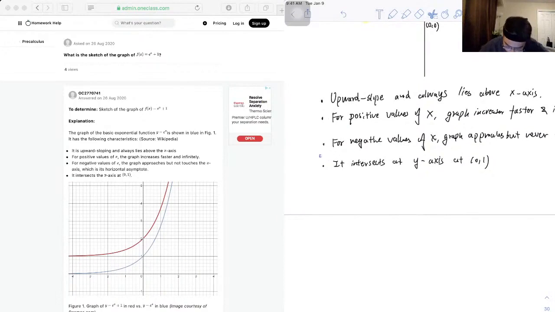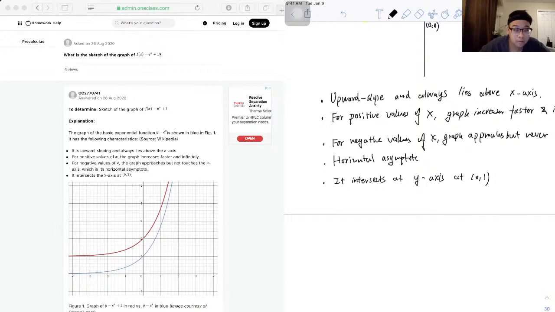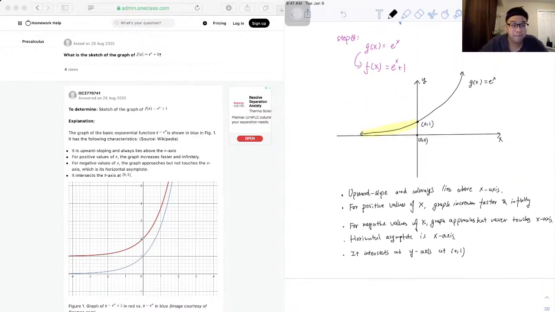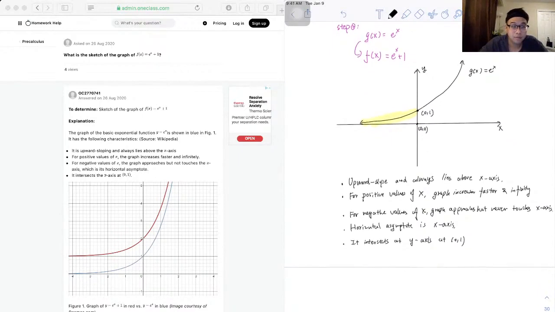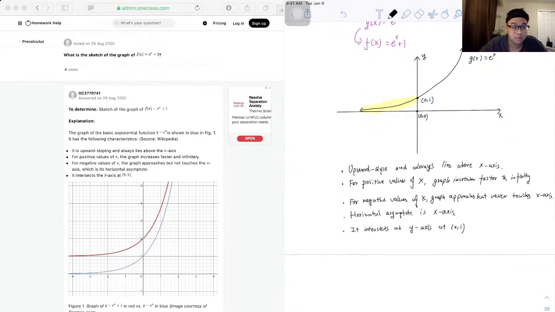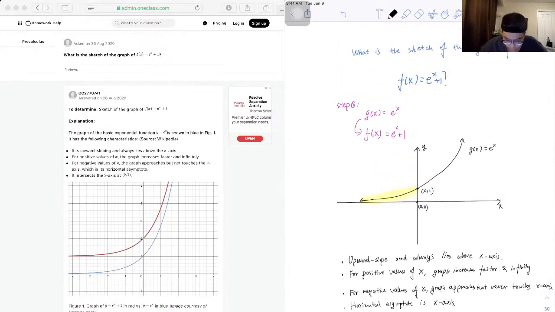So that's the next point. Horizontal asymptote is the x-axis. Yep. Right. So by knowing this, we can do our transformation.